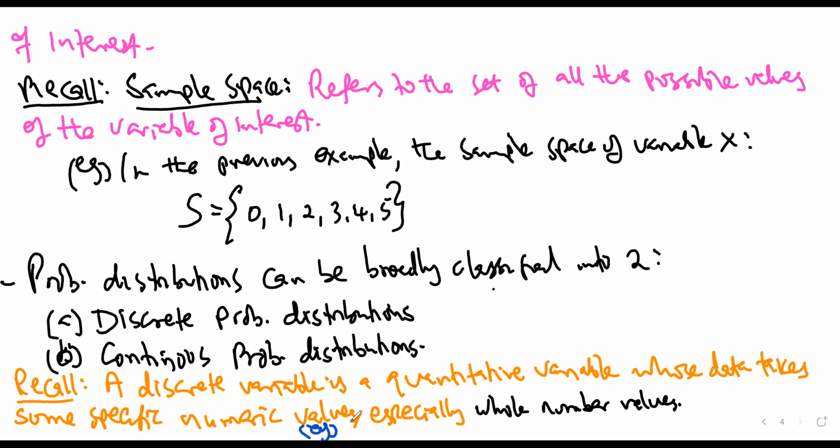For example, you can think of a variable like the number of students in different classes in KCA University. That's an example, because the number of students in every class will always be a whole number, either 0, 1, 2, 100, 20, and so on.